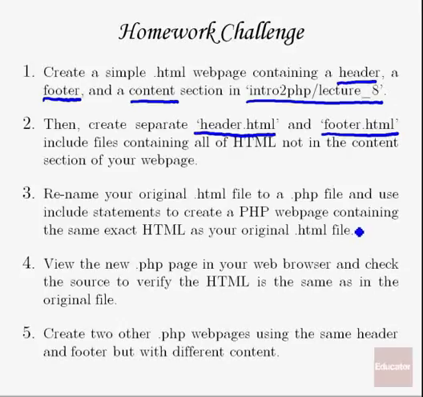And when you view the new PHP page in your web browser, you should be able to verify, if everything is done correctly, that the HTML source code generated by the PHP page is the same as that of your original .html web page.